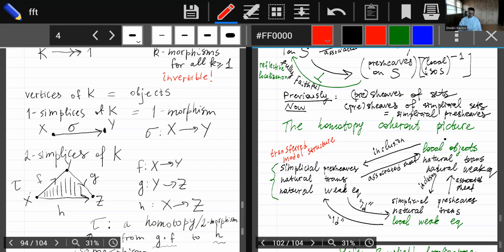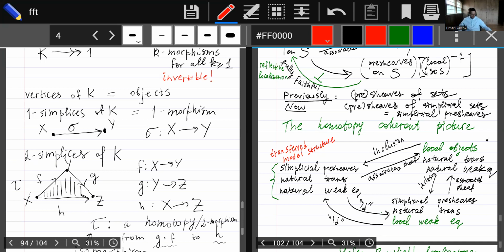We are also going to write down an analog of the associated sheaf functor. It will send a simplicial presheaf to the associated local object. Unfortunately, there is no single universally accepted name for local objects in the context of simplicial presheaves.